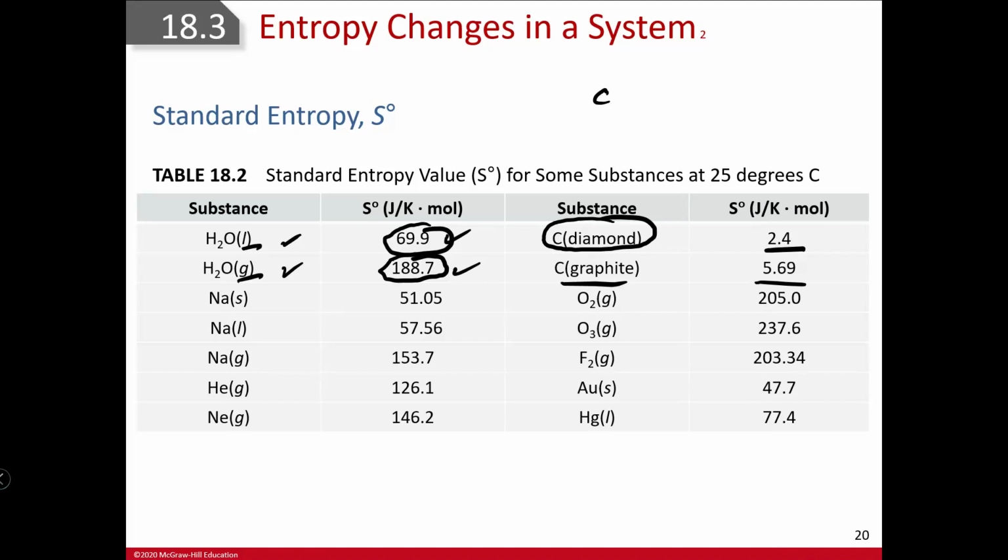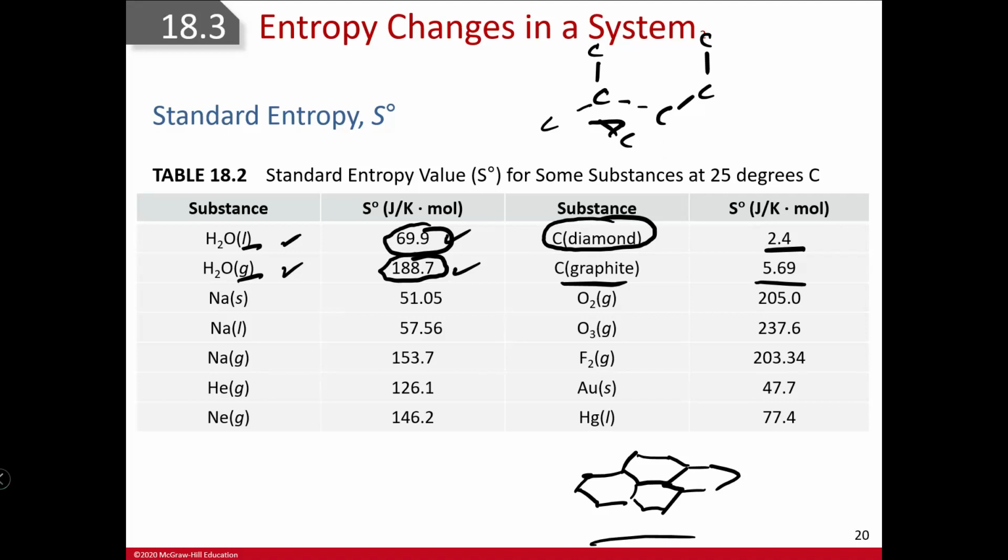Diamond looks like this. It's a network of carbons linked together. It's crystalline, a network. We call it a network solid, and each carbon is connected to another carbon like that. Graphite, though, looks like this. These are hexagons, and each one of these corners has a carbon on it. They form planes like so, and there'll be another plane below it just like this one.